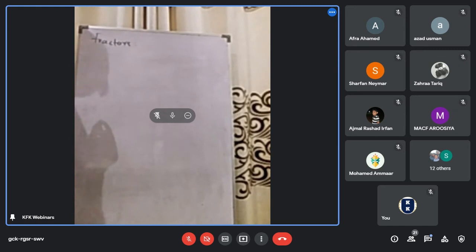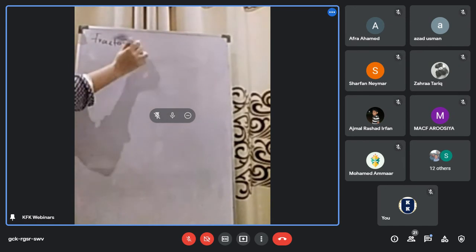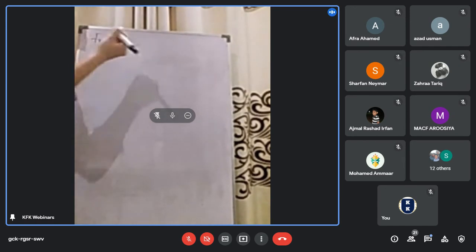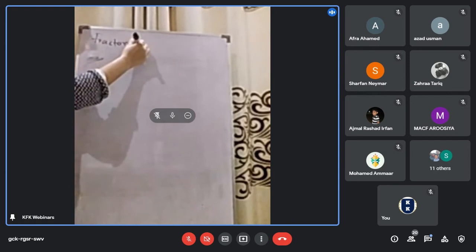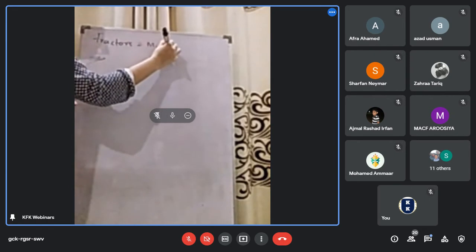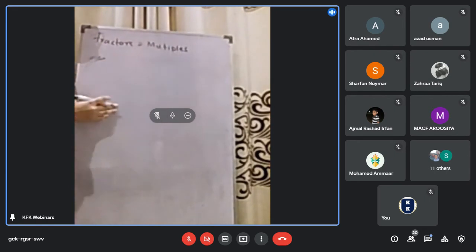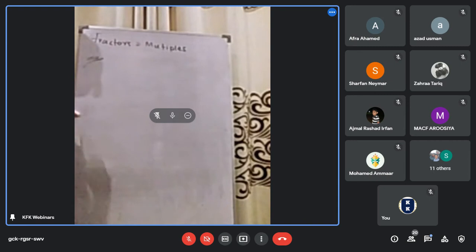Okay. So another name for factors, another exact word for factors, is multiple. I hope you are aware of what multiples are.